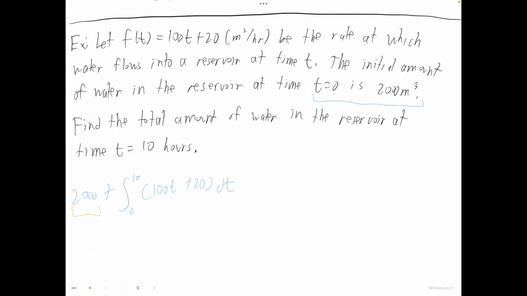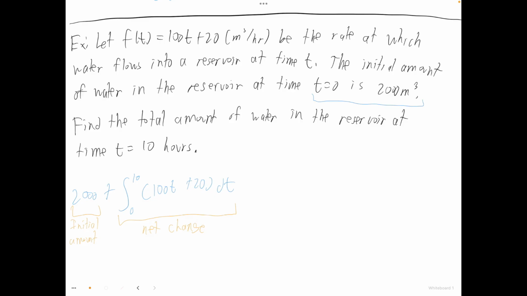And so this is our initial amount. And this piece right here is our net change. So this is telling us over 10 hours how much did the water level change. Now, it could have gone up, it could have gone down. This formula only goes up, so hopefully it's obvious it went up.